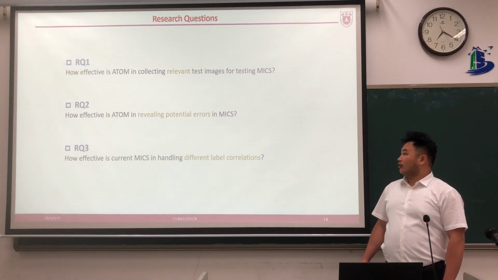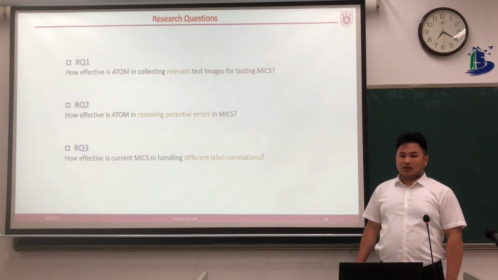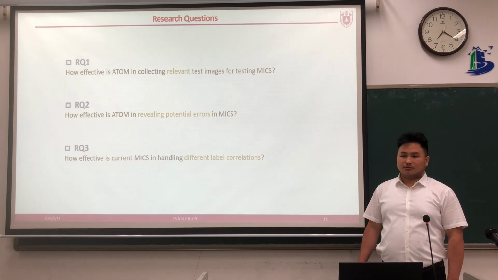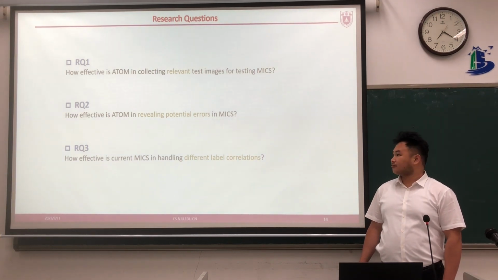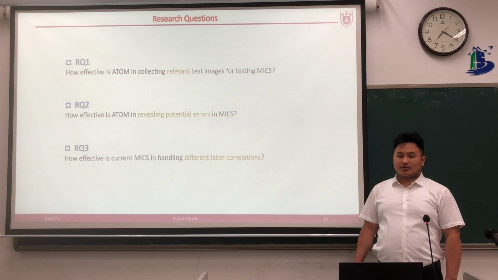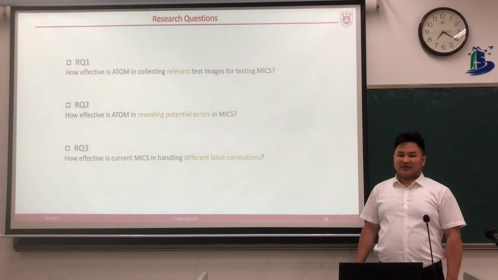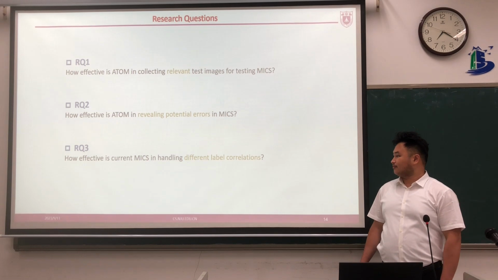For evaluating ATOM, we propose 3 research questions. RQ1 concerns how effective ATOM is in collecting relevant images. RQ2 concerns how effective ATOM is in revealing errors. RQ3 concerns how effective MSS is in handling different label combinations.